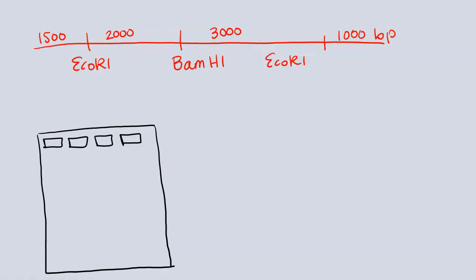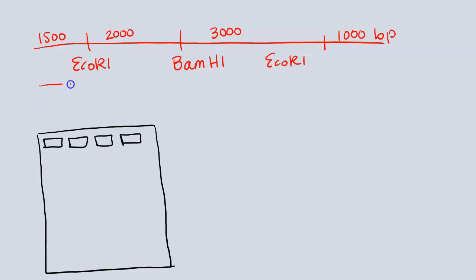The second part of our lab is running fake gel electrophoresis simulations of these restriction enzyme fragments on a gel. So if we were to cut this linear sequence with both of these enzymes, we're going to get a series of fragments.